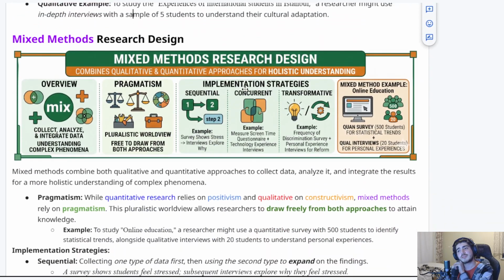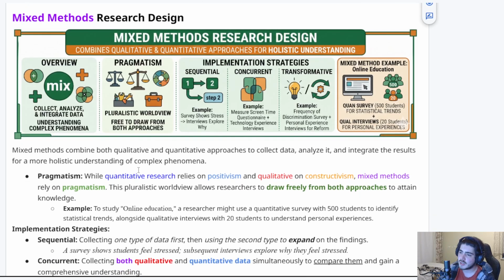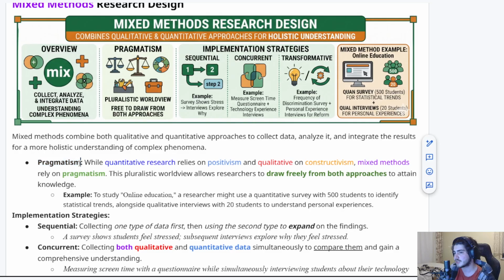Now, moving on to mixed methods, it operates on pragmatism. What is pragmatism? It allows researchers to draw freely from both approaches to attain knowledge. Now, pragmatism basically means you find value in things that seem invaluable, or you try to see the cup as half full.